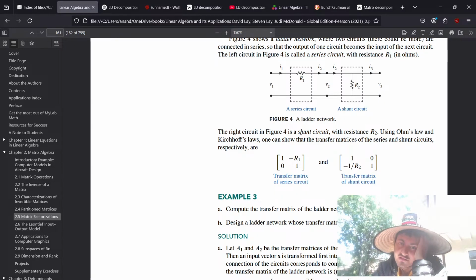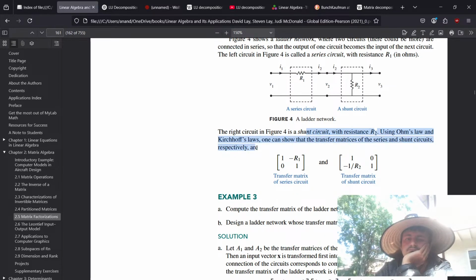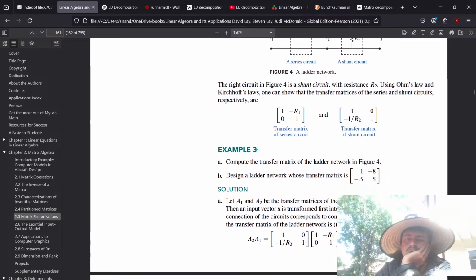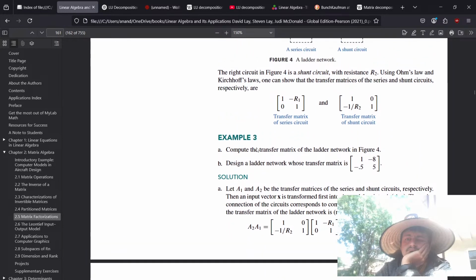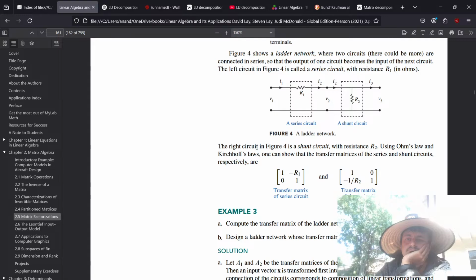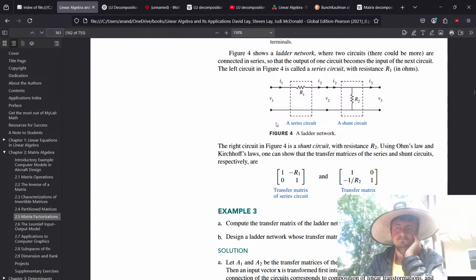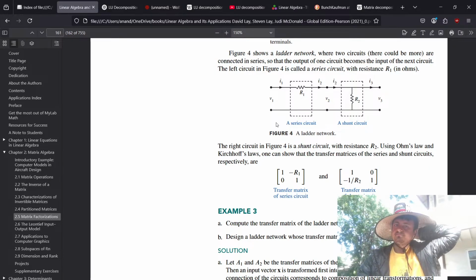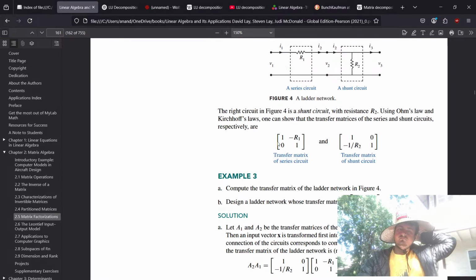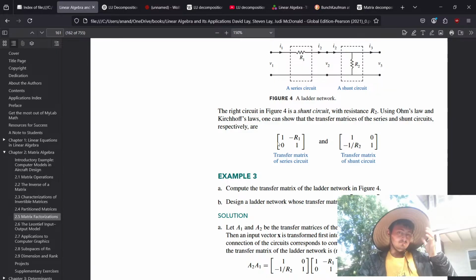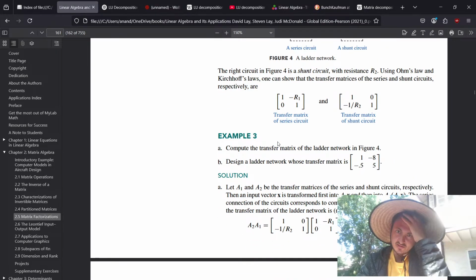The right circuit is a shunt. Compute the transfer matrix of the ladder network.